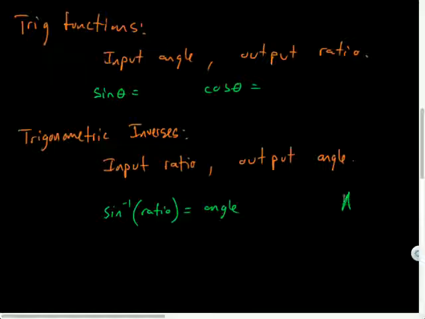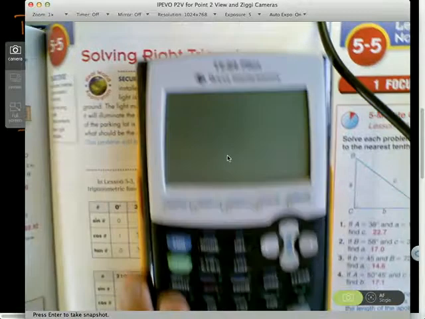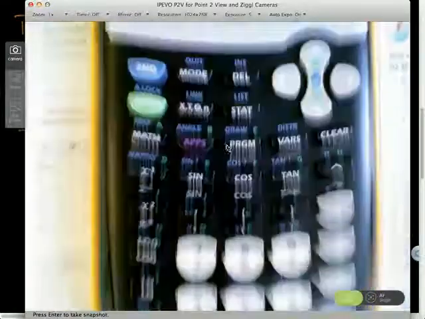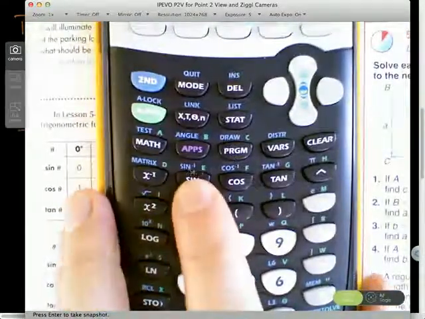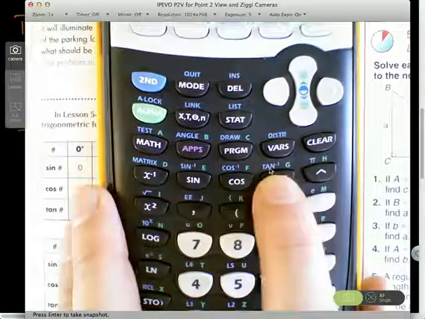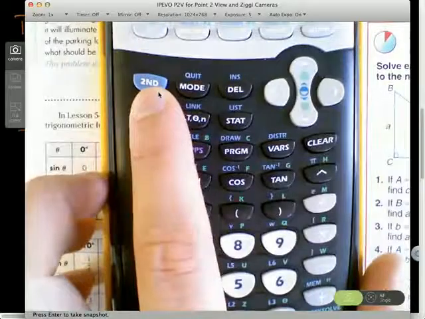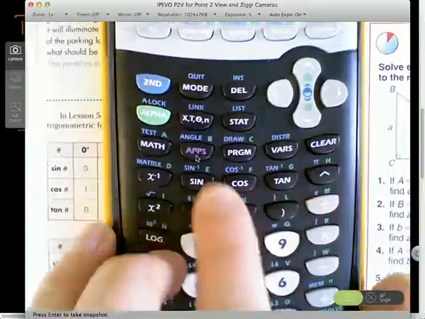So there was a relationship between inverse and identity. So that's what this means, sine inverse. And in fact, it even exists on your calculator, depending on what kind of calculator you have, I suppose. So notice right above the sine button is the sine to the -1, cosine -1, tan -1. So to access those, I use the secondary function of the button. So I'd hit second, right, sine inverse.